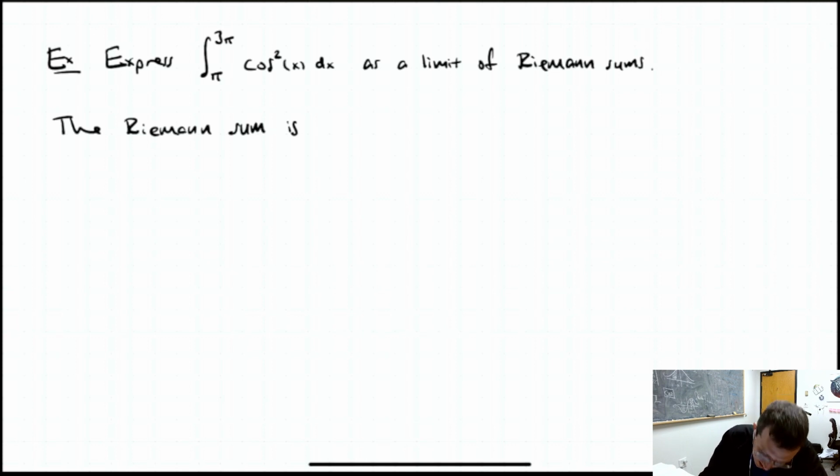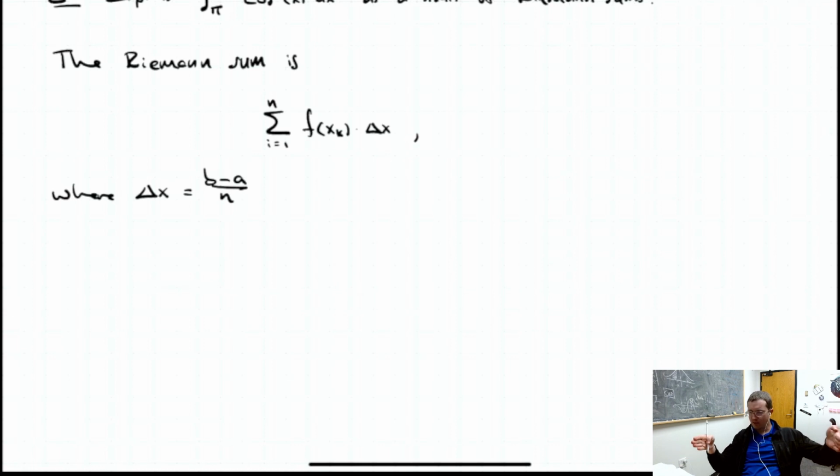So the Riemann sum is the sum of f of some x value times delta x, where delta x is the width of each rectangle. So if we're integrating from a to b, that's a total width of b minus a. If I divide that into n pieces, the width of each piece is b minus a over n.